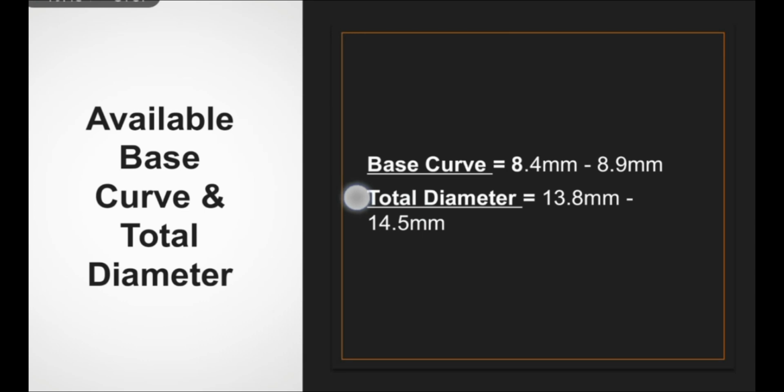If you get a total diameter of 12.5 millimeter, in that case you can choose 13.8 millimeter of total diameter of soft contact lenses. So these are the availabilities of base curve and total diameter.